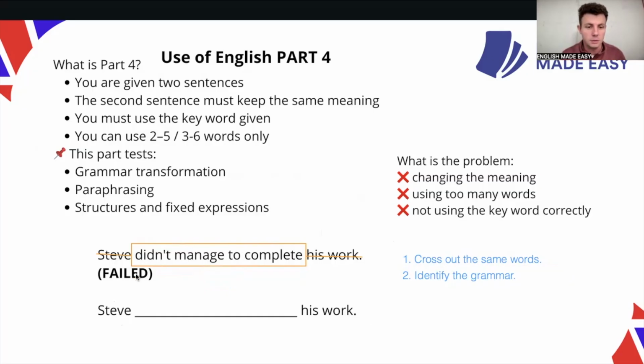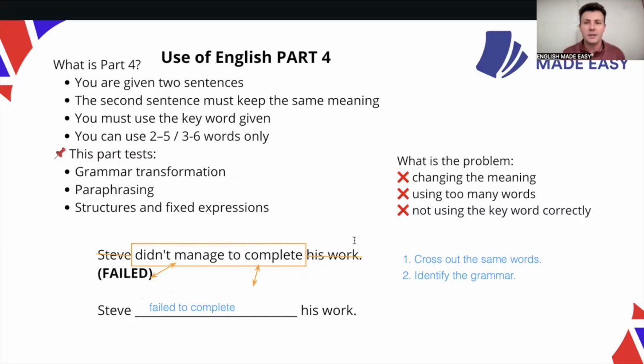Negative. So manage could change to failed. What we could have is didn't manage would be failed. And then we'd have to put to complete. So the correct answer is Steve failed to complete his work. Okay.